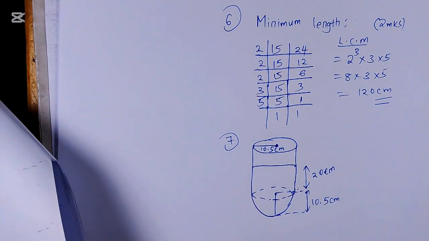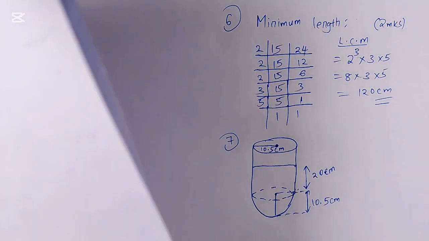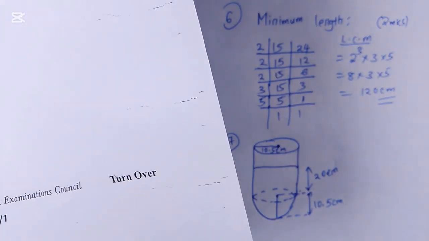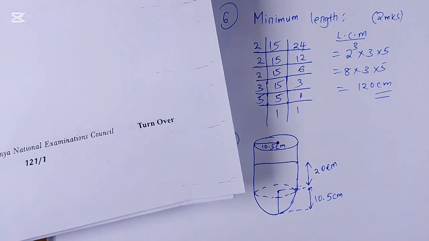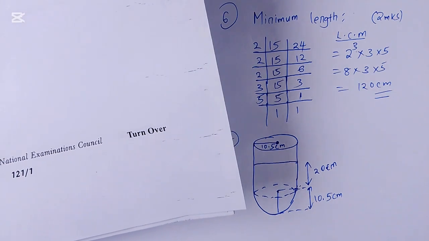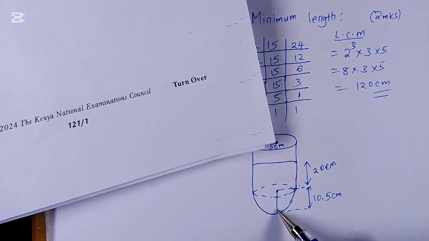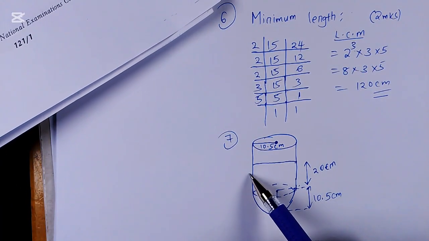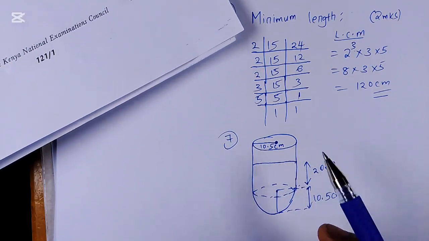That is the height that the water is reaching, and we have been told to calculate the surface area of the container that is in contact with water. And for us to determine that area, we need to determine the surface area of the hemisphere plus the surface area of the cylinder in contact with water, that is the curved surface area.